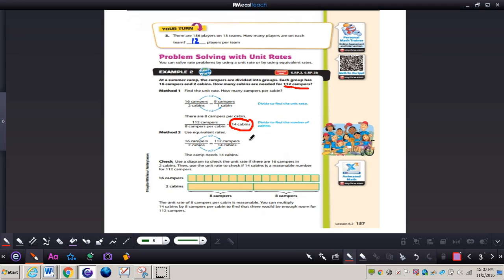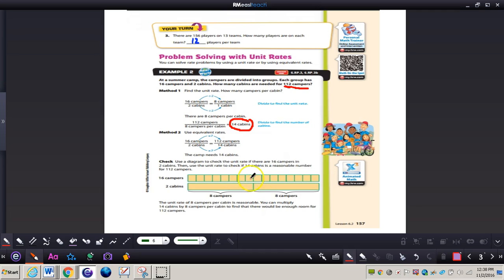All right, now you can also use a diagram to check your work as well. It says use a diagram to check the unit rate if there are 16 campers and 2 cabins, then the unit rate to check if 14 cabins is a reasonable number for 112 campers. So we can see 16 campers and there are 2 cabins.